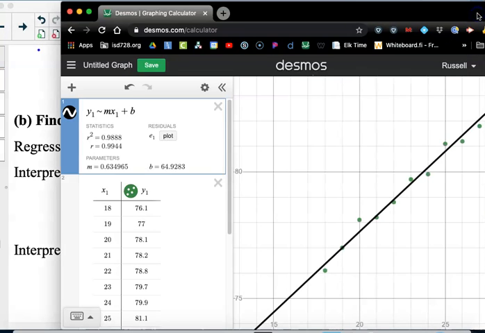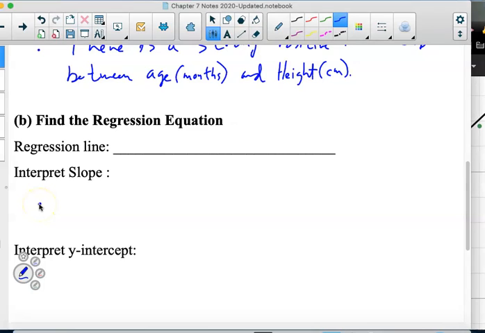Okay, so if I go back to this, so our regression line, right there are important numbers. And so this one I'm going to use 0.63. This one I'm going to use 64.93 for my numbers. Okay? And so that's what I'm going to put onto here.